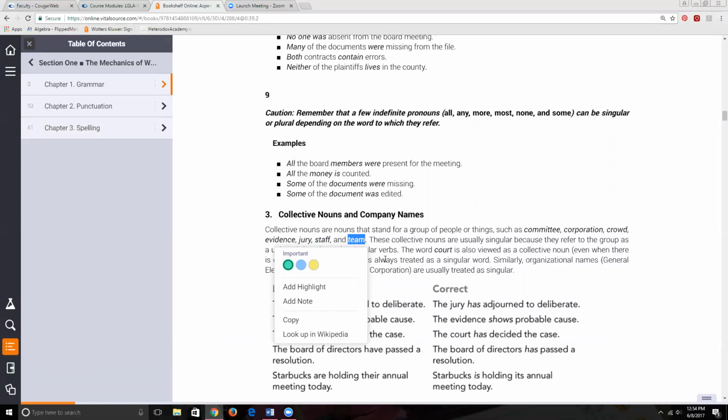But we also see this in nature: a flock of birds, a herd of cows, a gaggle of geese, those types of words to refer to a group of something. So these are all examples of collective nouns.